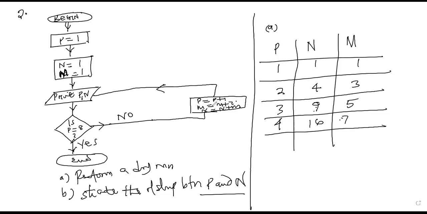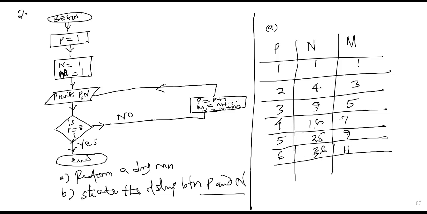Okay, it's a matter of knowing the logic here. So if P is 5, we increase M by 2 to be 9, and 9 plus 16 would be 25. We go to P as 6, M will become 11, and 11 plus this will become 36.